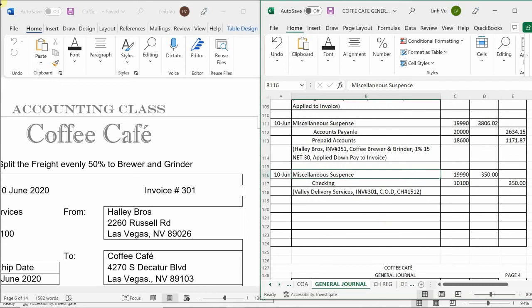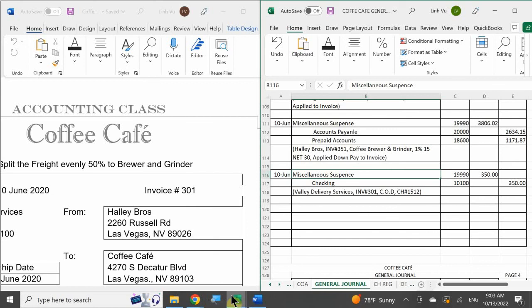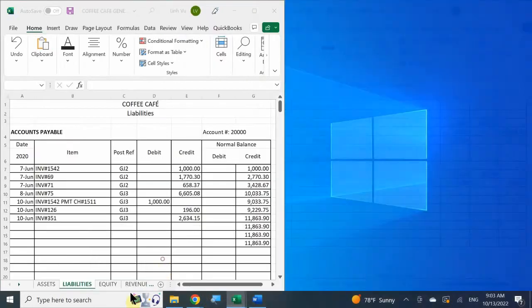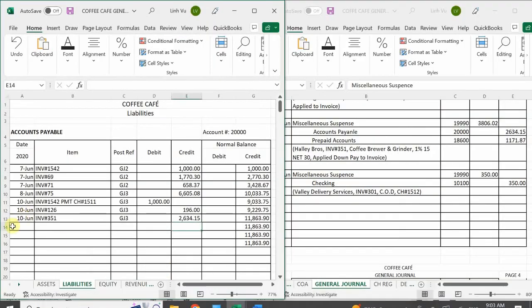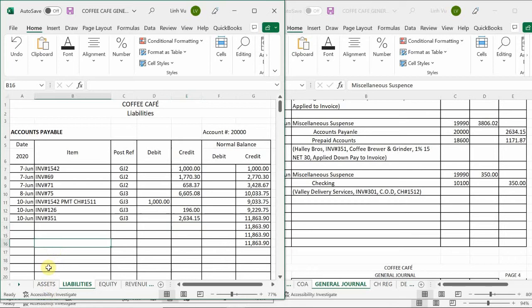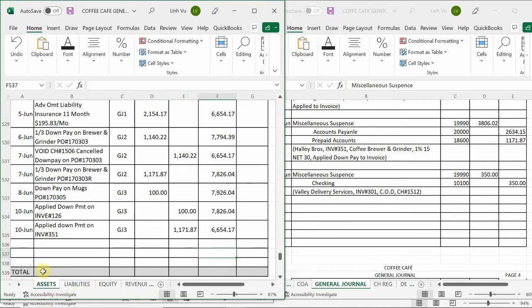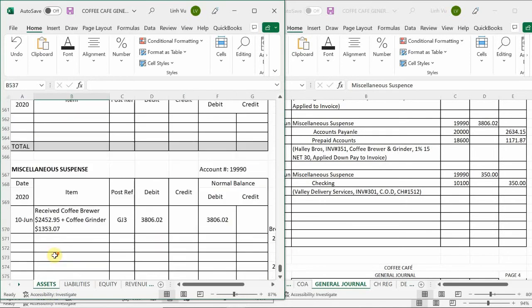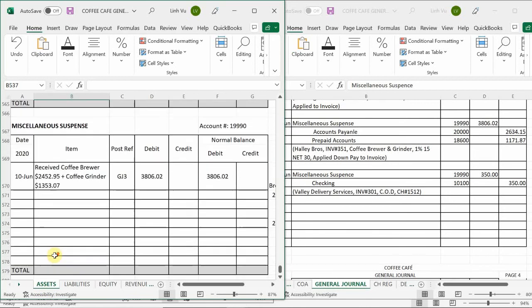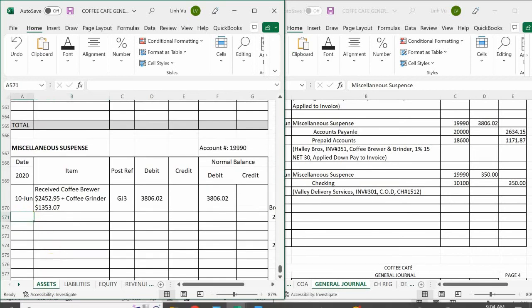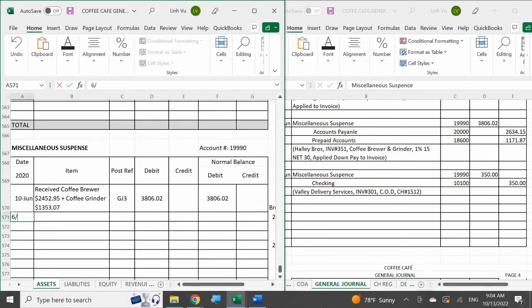So now we need to go to my ledger to update my account. First one, we're gonna put this into miscellaneous suspense, right? Now in this case, how would I split the shipping between the two items?